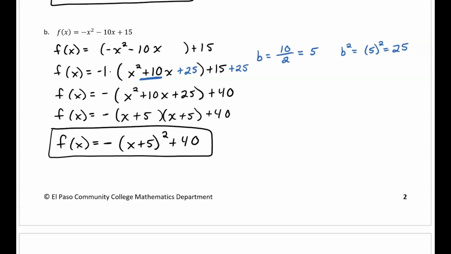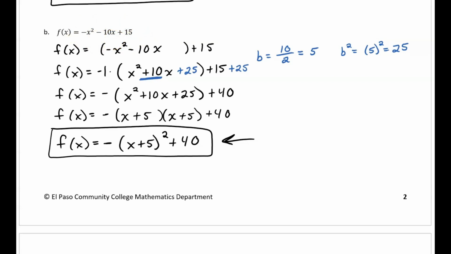Now something to consider, right? If you are still a little uncertain of the process and whether you're doing it correctly, how can we check our answer? How can we make sure that we divided correctly, we factored correctly, all of those steps that we took? Well, if I start with my vertex form, how can I make it look like my original?